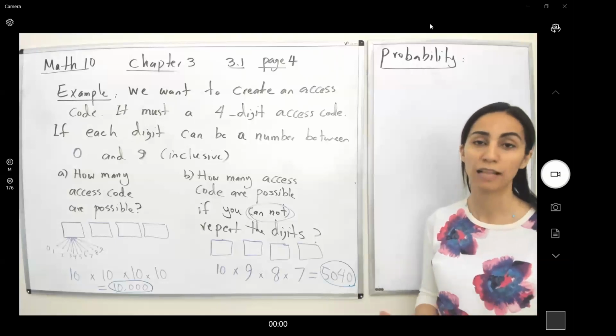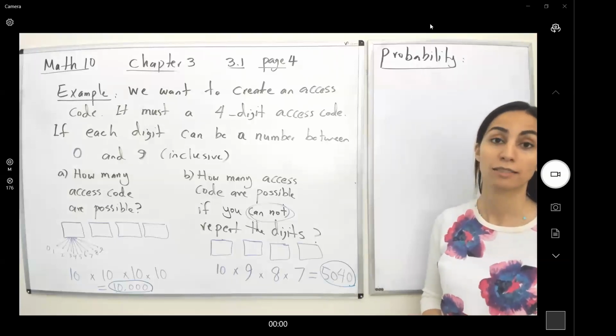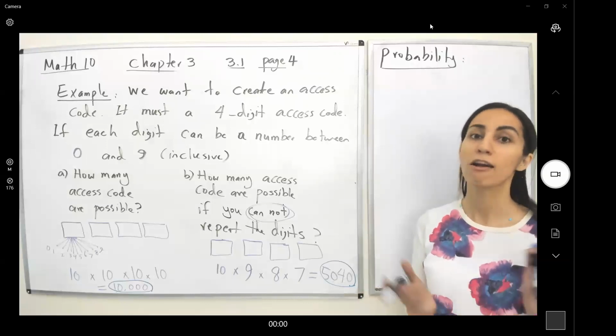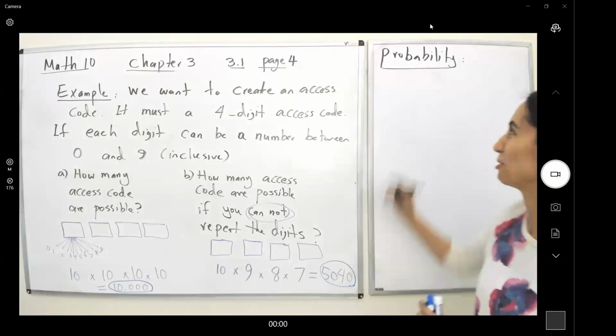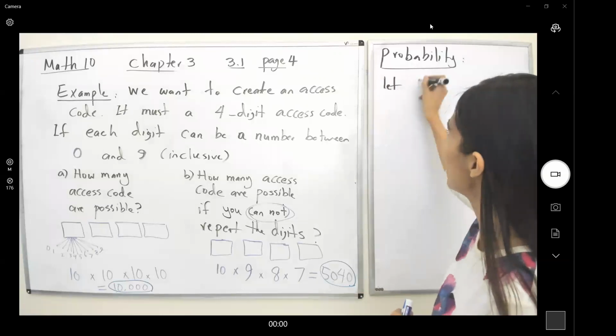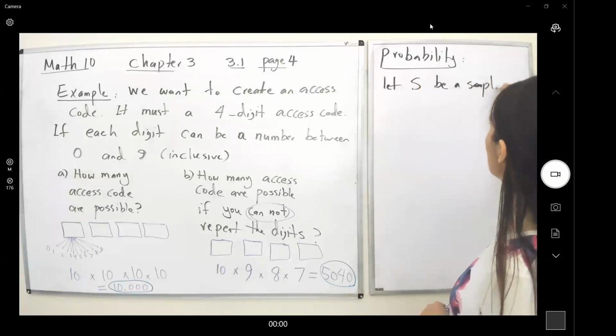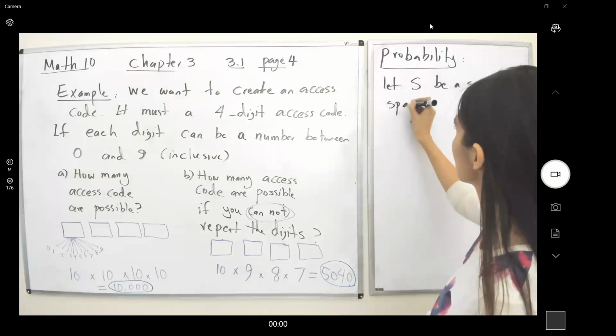Why do you call it classical probability? Because in reality, we are working with more complicated functions. Well, let S be a sample space.